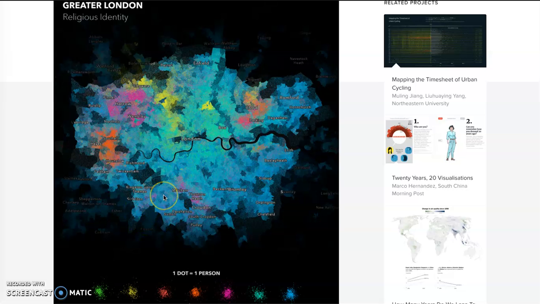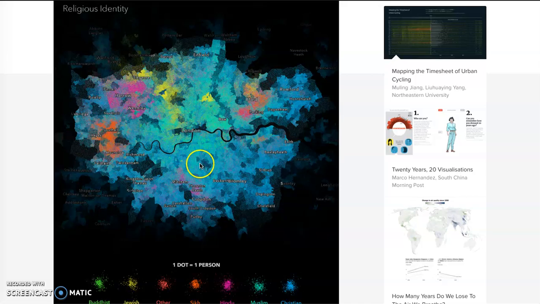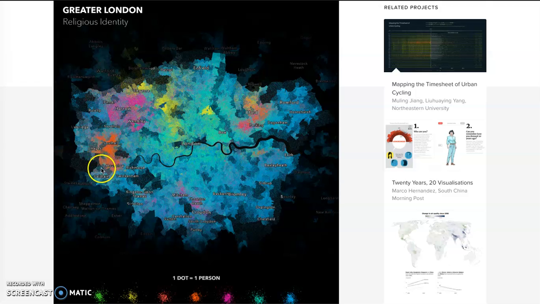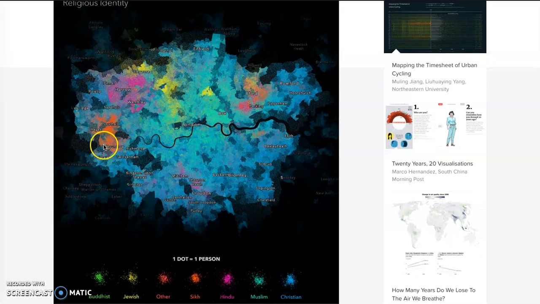And for conditioning, we can clearly see the differences in subgroups of data based on the color intensity of different regions on the map. For example, we can see the majority of the map is blue, meaning these areas are predominantly Christian. And in other areas, we can see that there's a pretty predominant Sikh community, and over here there's a predominant Hindu community.